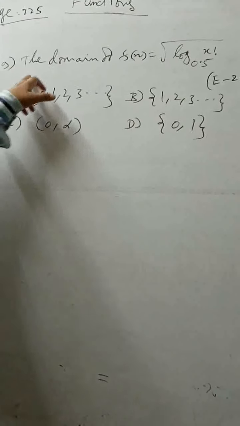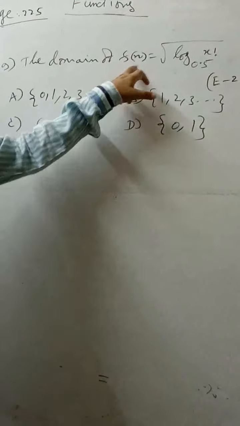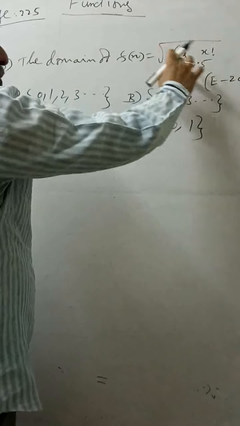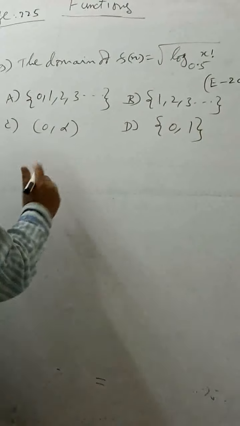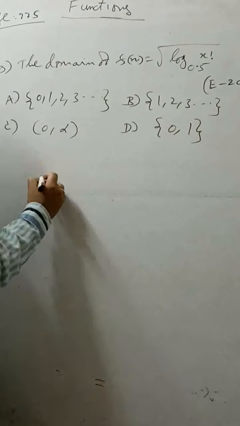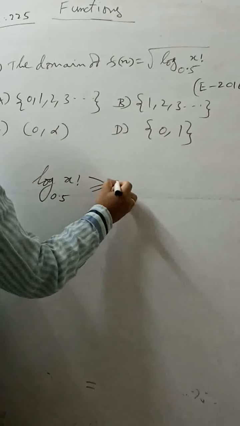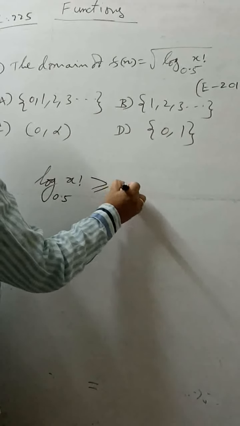Question: the domain of f of x equal to root of log x factorial base 0.5. First of all, domain means the value of x for which the function is defined. So when is the function defined? Root is there, means this should be greater than or equal to 0. So our first part is log of x factorial base 0.5 must be greater than or equal to 0.